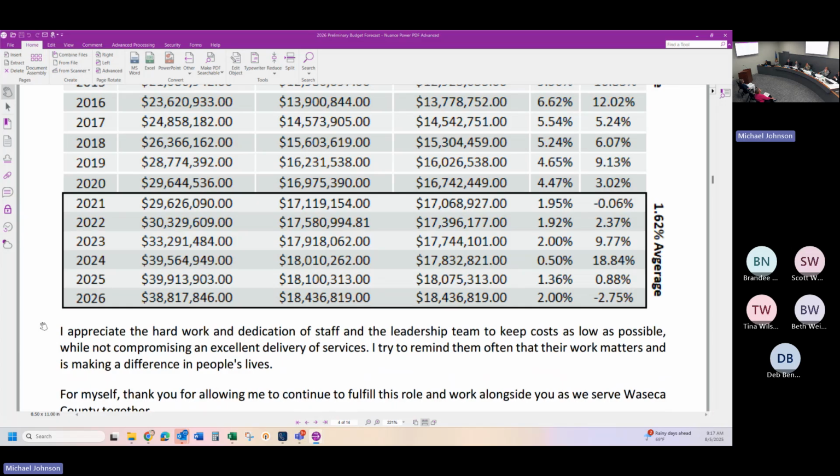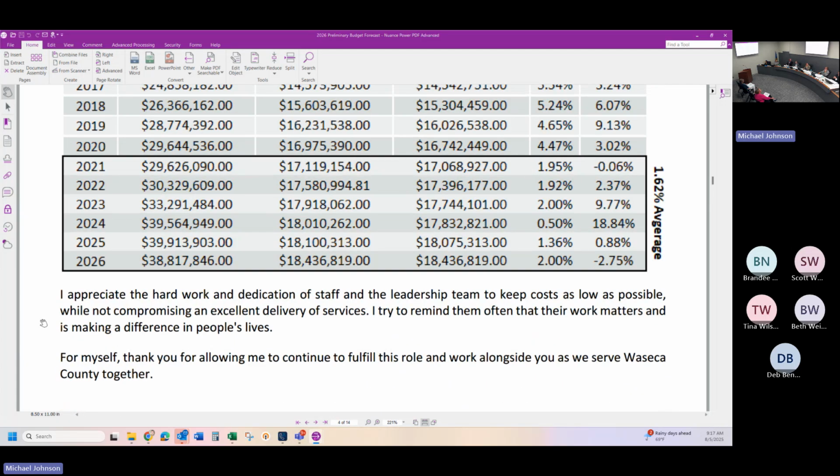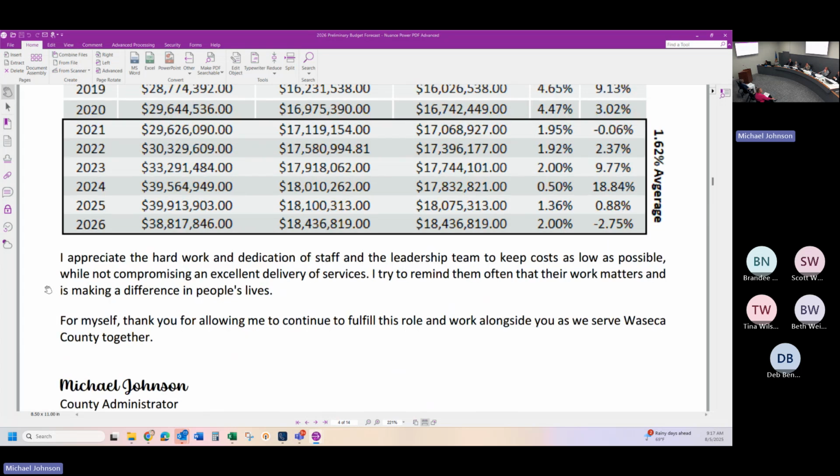I will not necessarily call the 2% my recommendation, but we'll talk more on that, of course, as we move forward.